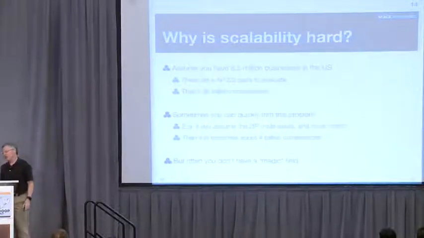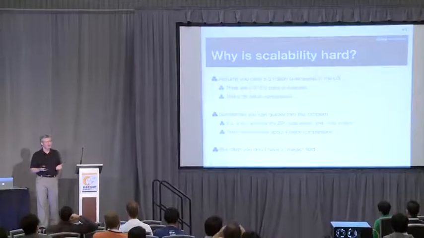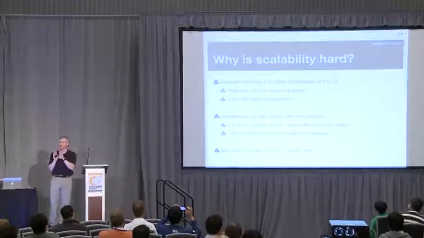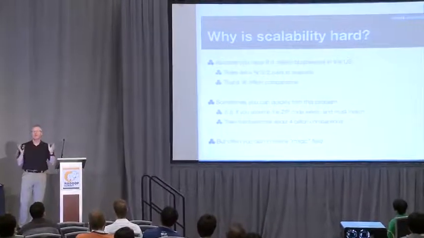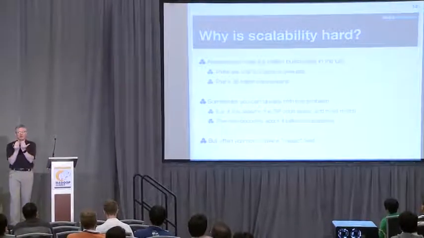All right, now why is scalability hard? We talked about the challenge of similarity, but why is scalability hard? Think about the example I talked about where I'm deduping points of interest data. Let's say I got 8.5 million points of interest in the US, and I want to say which of these are the same.